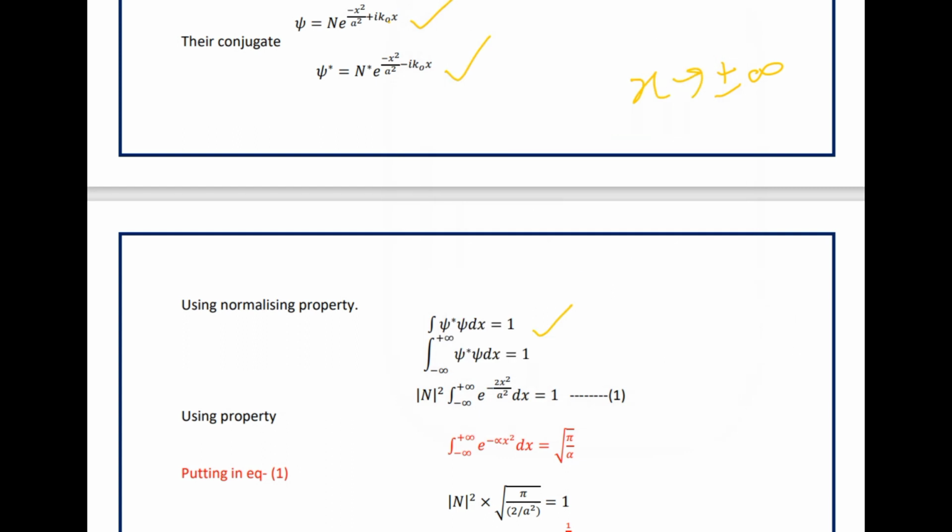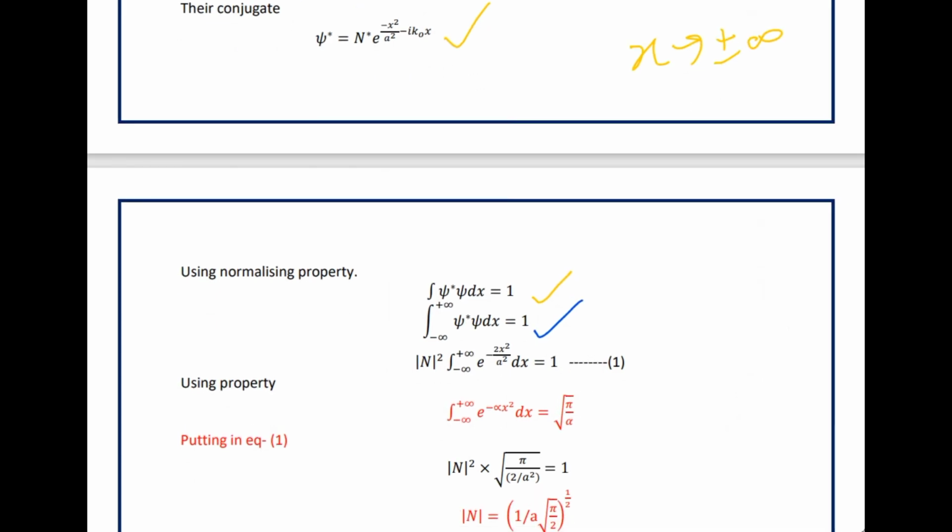So apply this formula, then you will get this, and apply a property of definite integral: minus infinity to plus infinity e to the power minus alpha x square dx is equal to under root pi by alpha.